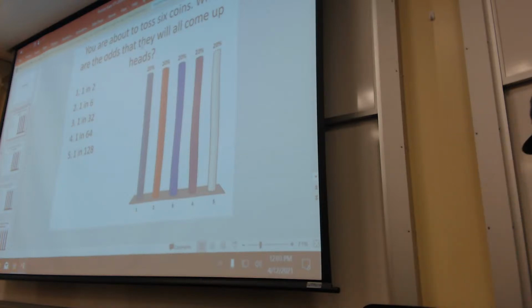All right, so the key formula for these sorts of problems is you need to remember what we're looking for is number of favorable cases over the total number of cases.